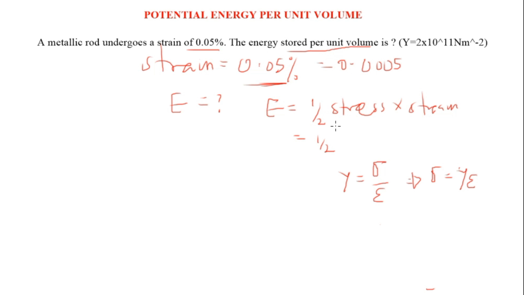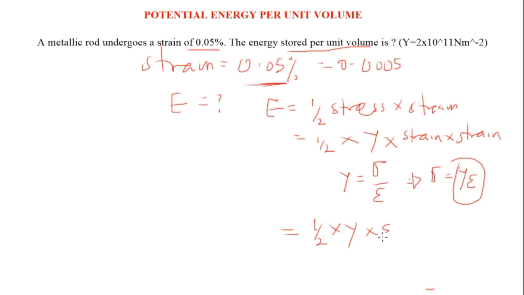Since we have the strain, we can just substitute stress for Young modulus and strain, multiplied by another strain, so that eventually you will have something of this nature: half multiplied by Y multiplied by strain squared.